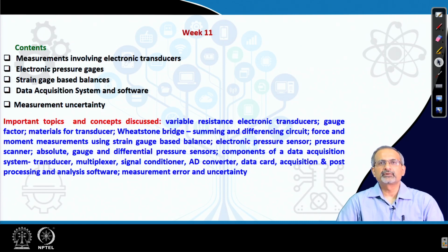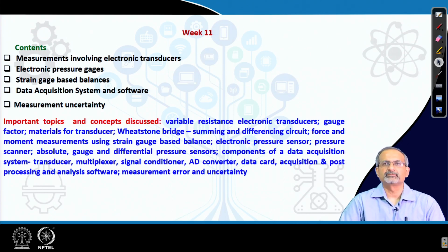We discussed different components of data acquisition systems comprising the transducer, multiplexers, signal conditioner, analog to digital converter, data card, acquisition and post-processing analysis software, and we finally ended with a lecture on measurement error and uncertainty, which is a very, very important aspect of all measurements.